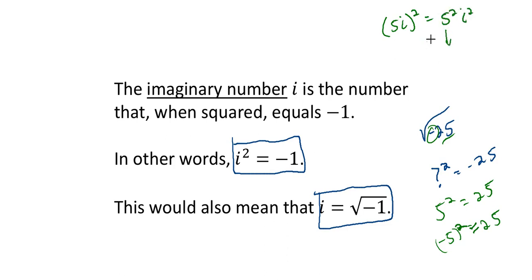The 5 squared gives me 25, and the i squared is how I'm going to get the negative sign. So that's 25 times -1, which gives me -25. So now I have a way to get -25 from squaring something. It's from squaring 5i. So 5i squared is how I get -25.